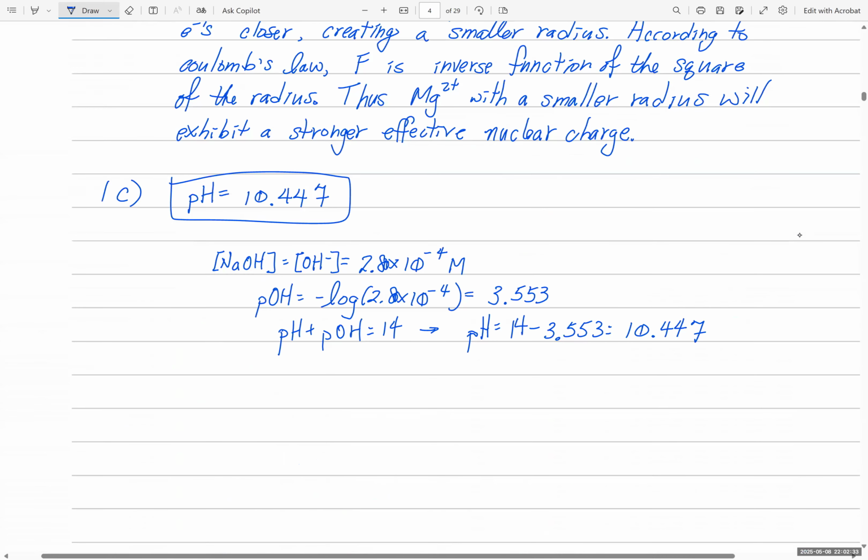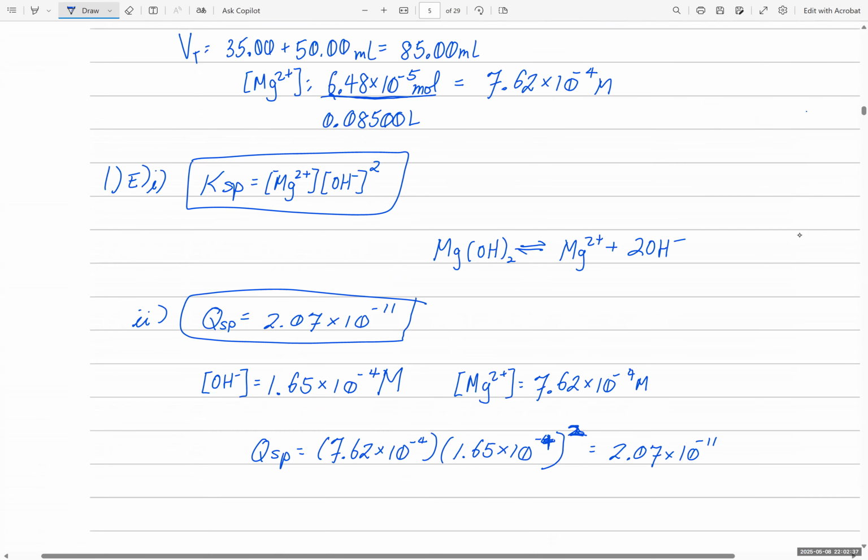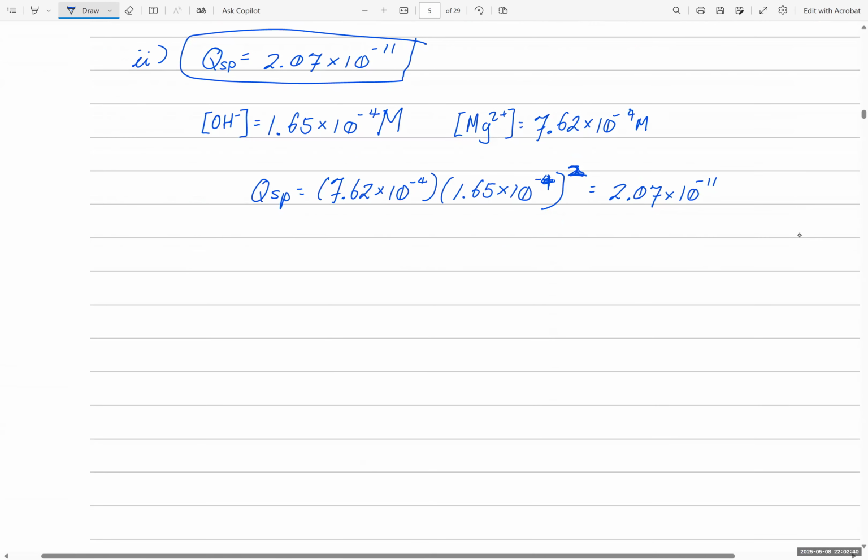So when you go over here to E3, right? We're going to have two values, right? You have Q, which is equal to 2.07 times 10 to the minus 11. And you have your KSP, which is, what was that, 5.61 times 10 to the minus 12, right?